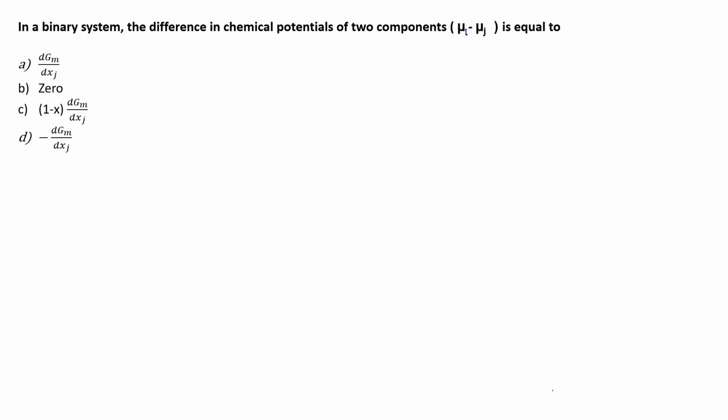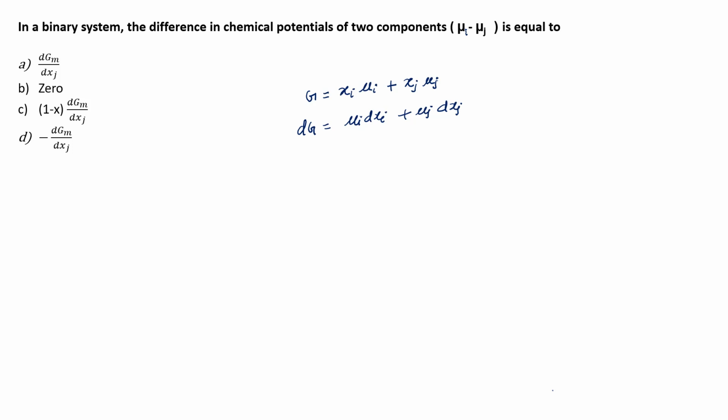If you know the rule of mixture concept, we know G is equal to x of I mu of I plus x of j mu of j. Once we differentiate it, dG is equal to mu I dxi plus mu j dxj, and the other terms are taken as 0.